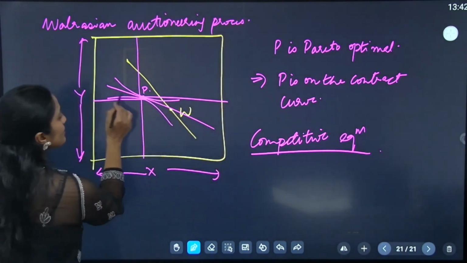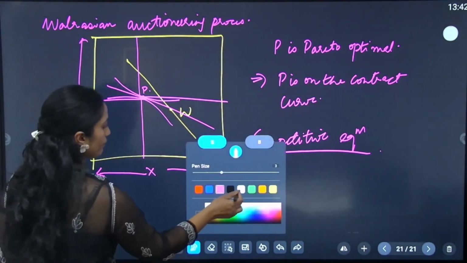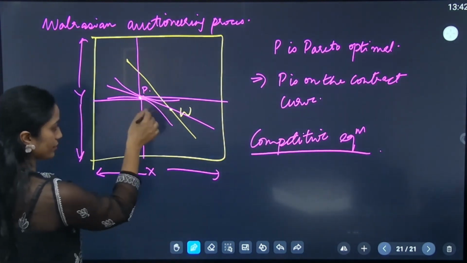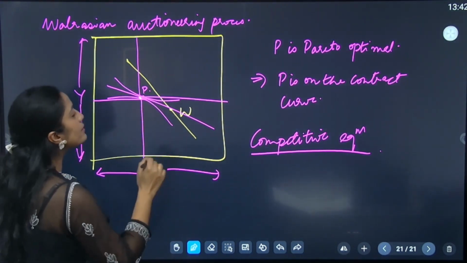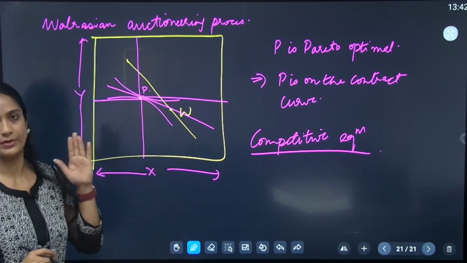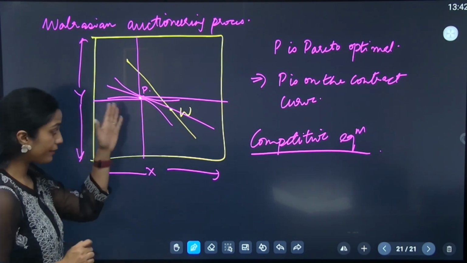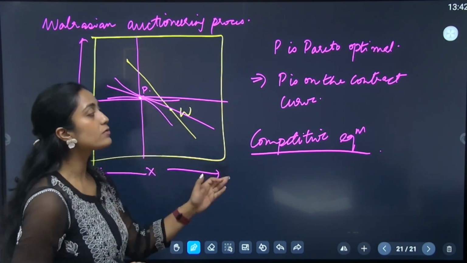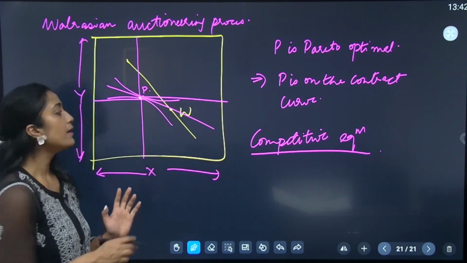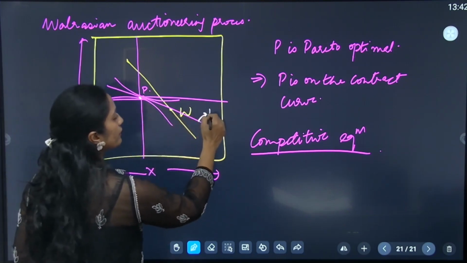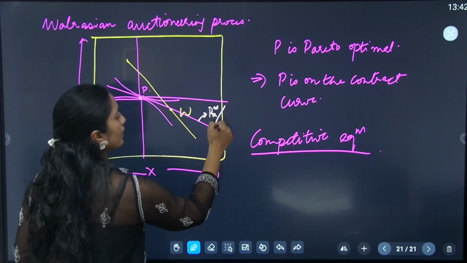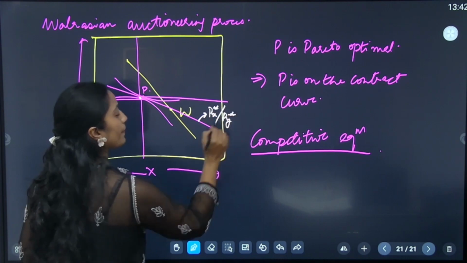Okay, this point P, which has been reached after this entire process, is called a competitive equilibrium. The end result that we have got is called competitive equilibrium. The price ratio, which we will call Px star by Py star, right?